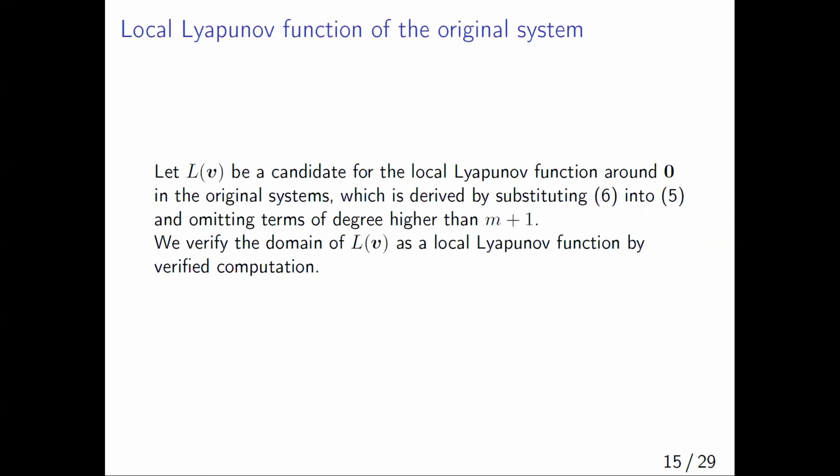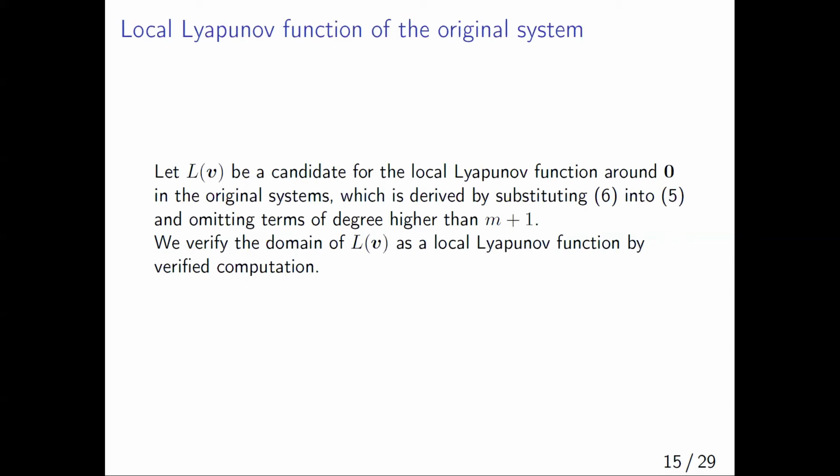Let LV be a candidate for the local Lyapunov function around 0 in the original system, which is derived by substituting 6 into 5 and omitting terms of degree higher than n plus 1.